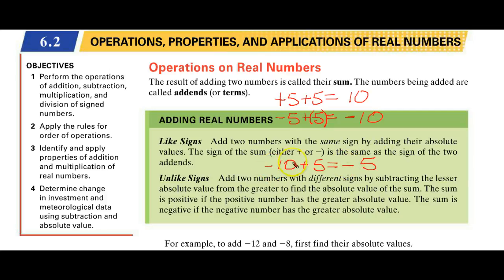That's the official rule. Some can just do it this way. Negative 10, positive 5 is a negative 5. And again, if you're using your calculator, this works out very well.